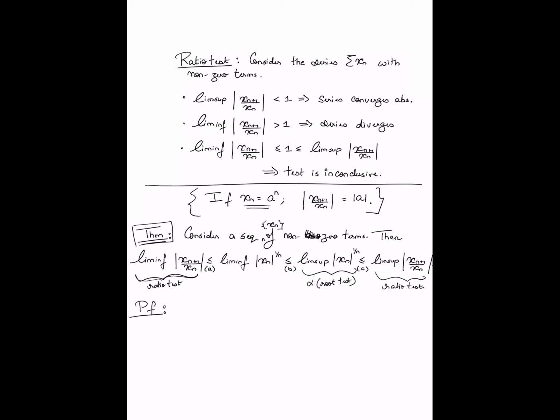Now, the middle inequality B is trivial. There's nothing to prove. It's just that the lim inf of a certain sequence is less than or equal to the lim sup of the same sequence. So B is trivial. Essentially all that remains is to prove the inequalities A and C. As you should expect, proving one in fact shows that the other is also true, via an elementary argument along similar lines.